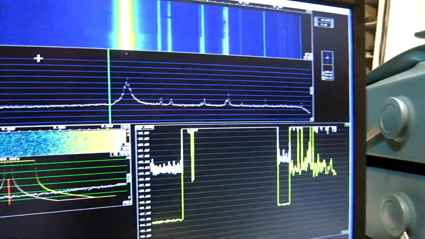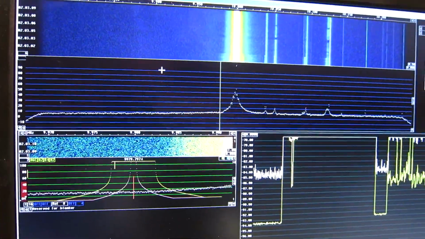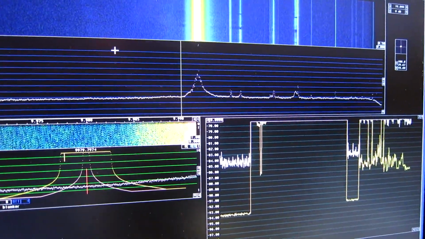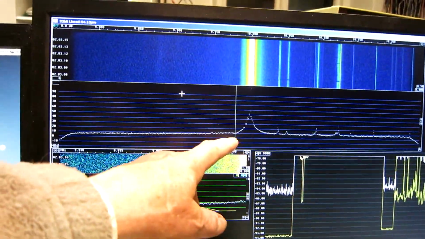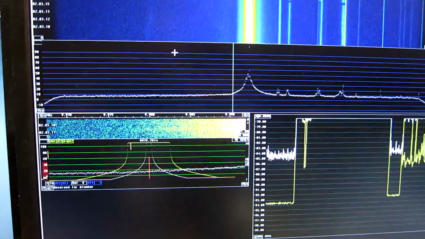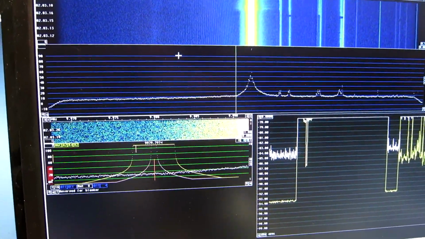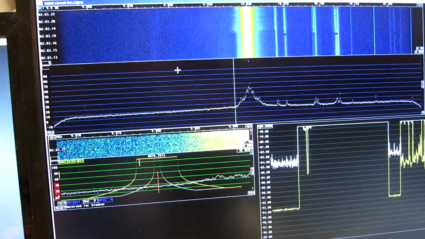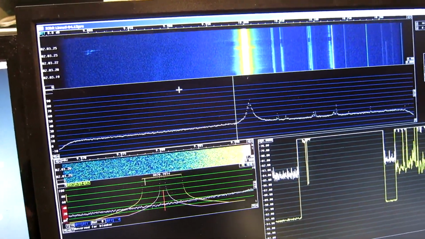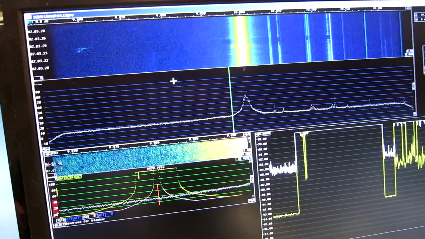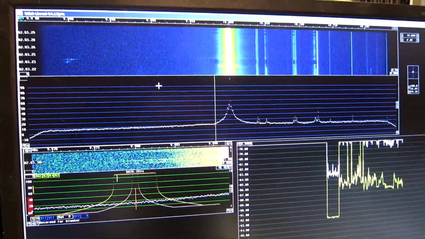What I see on the Perseus is like this. I don't see the notch filter 20 kilohertz down, and that indicates that the noise comes from the notch filter, or probably from the 10 megahertz notch filter.